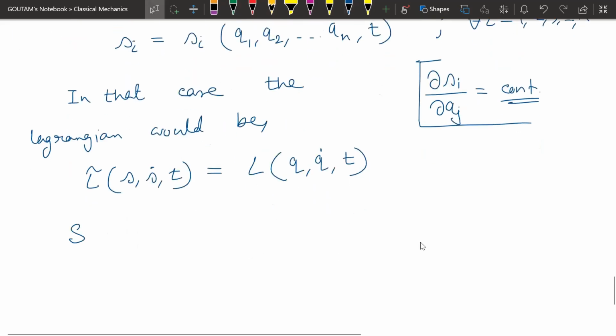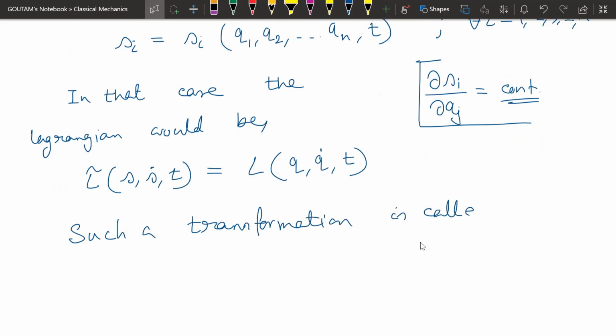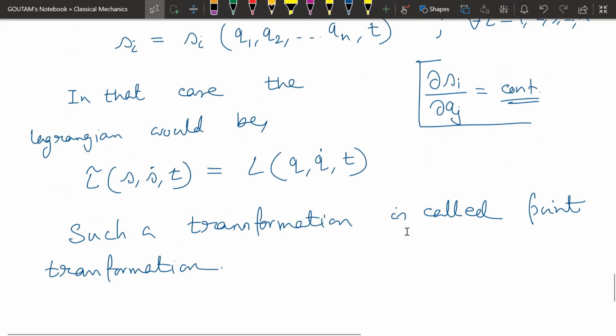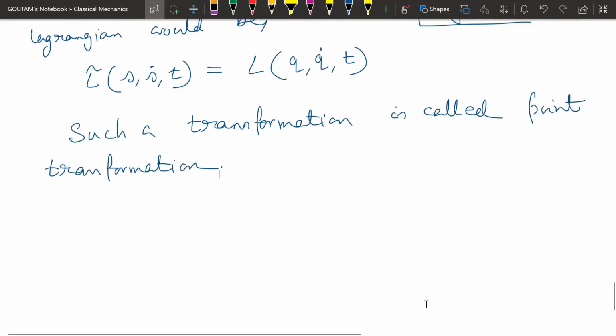Such a transformation is called point transformation. There is nothing complicated about it. We are just changing the basis and we are seeing the Lagrangian with respect to the new basis.